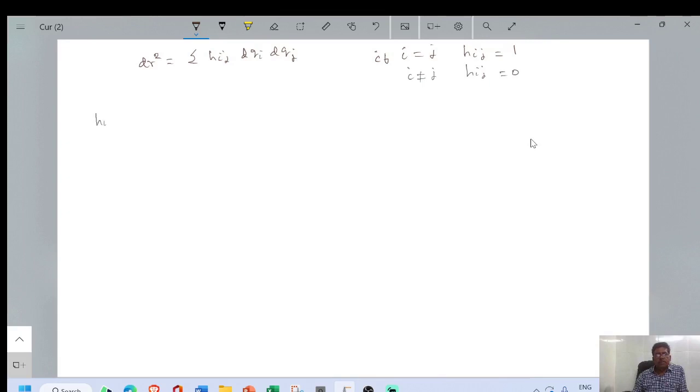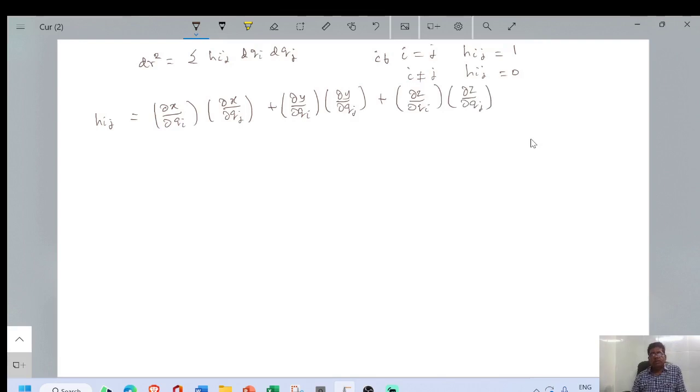Here the value of hij equal to ∂x/∂qi into ∂x/∂qj plus ∂y/∂qi into ∂y/∂qj plus ∂z/∂qi into ∂z/∂qj. This is the value of hij.